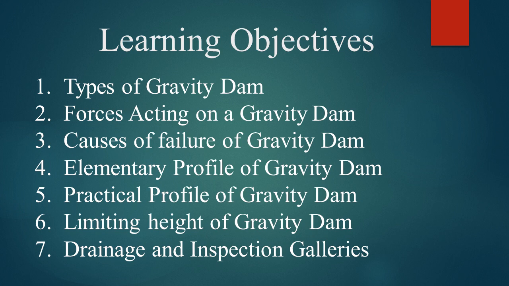Fifth, practical profile of gravity dam. Sixth, limiting height of gravity dam. And seventh, the drainage and inspection galleries. So this is the actual learning objective to study this topic.